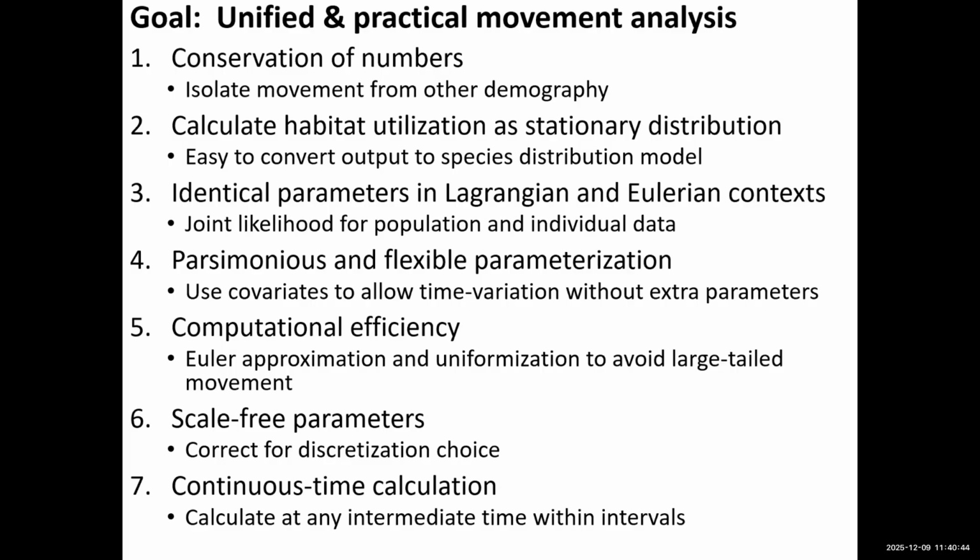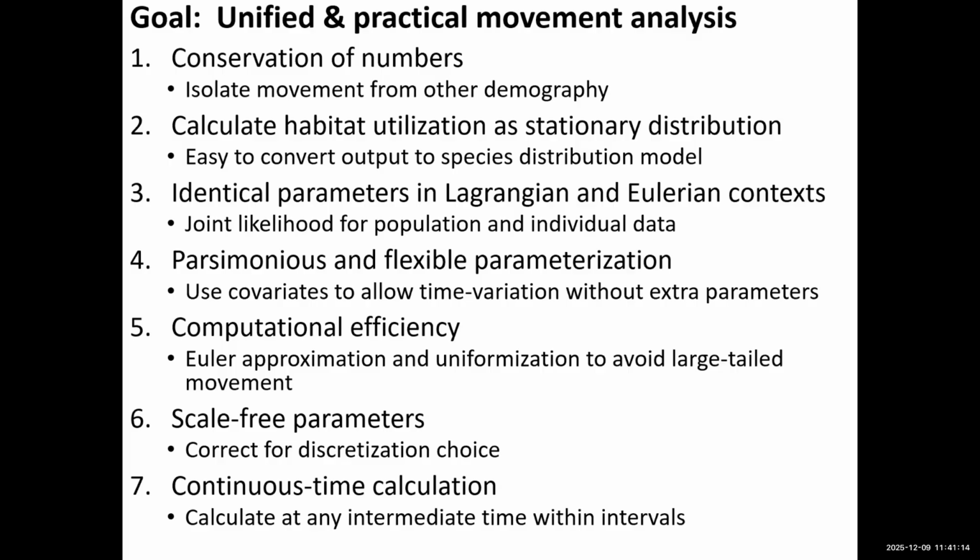We want identical parameters in individual based, Lagrangian, and gridded Eulerian contexts. This is similar to Matt's claim about multi-scale, but taking it a step further: ideally you can run a model on individual tracks, not in discrete space but in continuous space, and then use those same parameters in a gridded space model at a different scale.